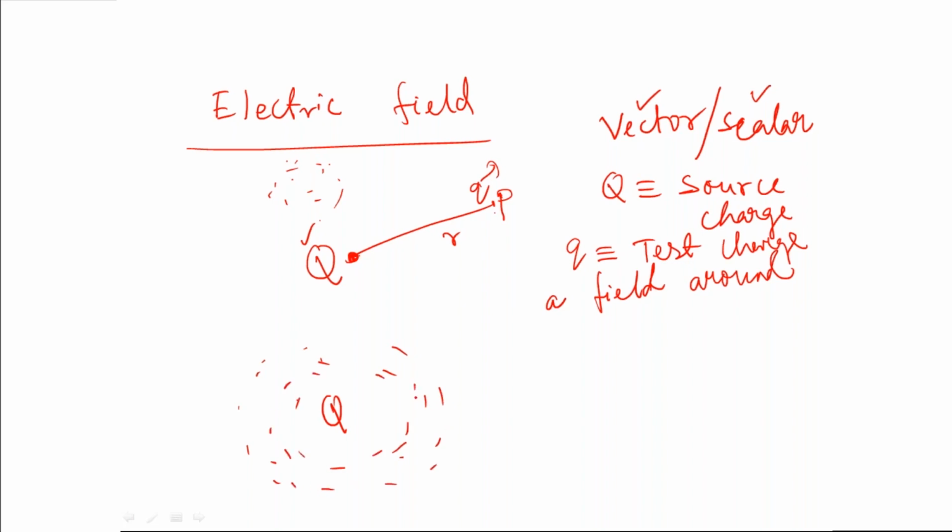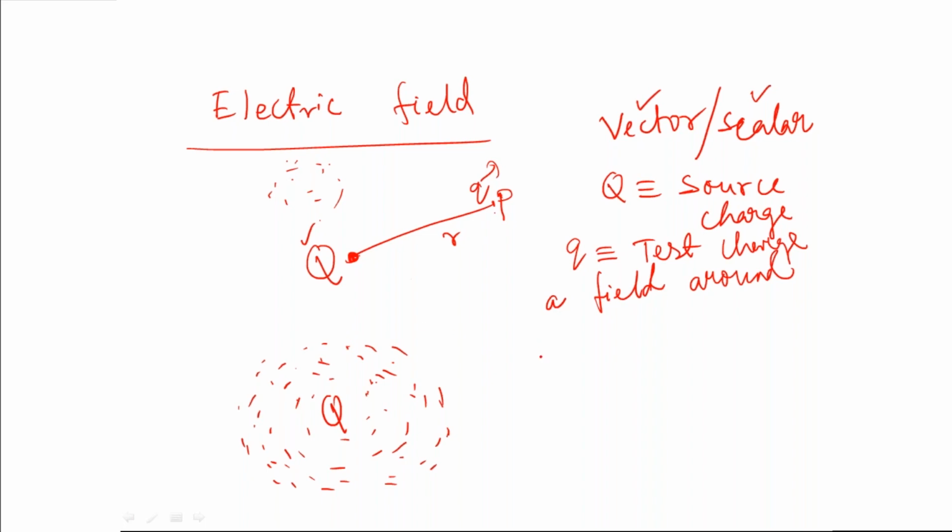The field can be a scalar quantity or vector quantity, and in this case the electric field is a vector quantity, because we'll see how we express electric field mathematically. So field is a quantity which is distributed all over the surroundings of this capital Q charge.